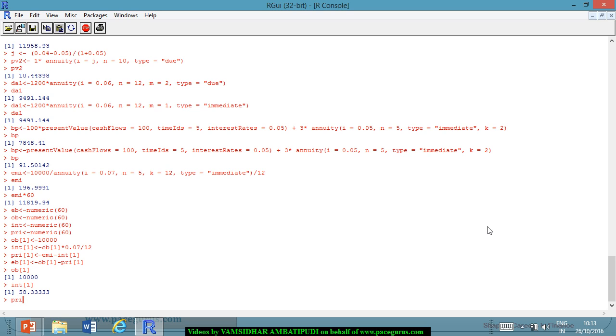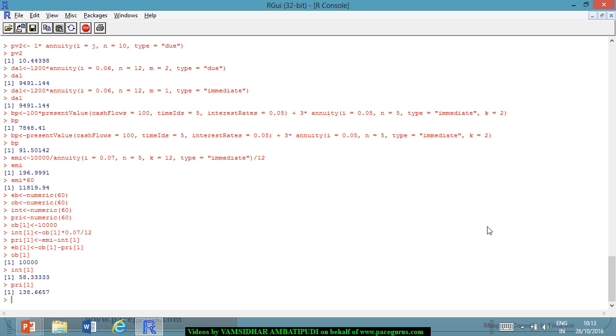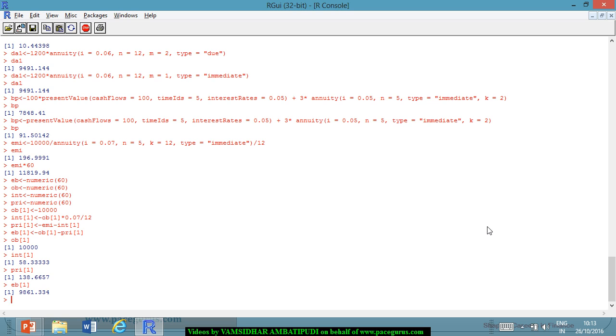Then principal of 1 should come as the balance, which is 138.66, and ending balance of 1 is coming out as 9,861, because it is coming out as OB1 minus the principal of 1. Fair enough.